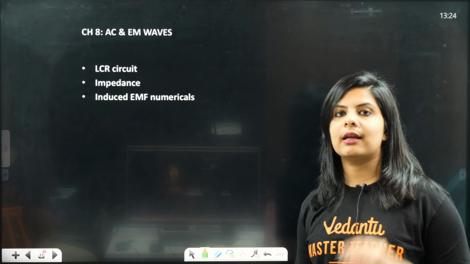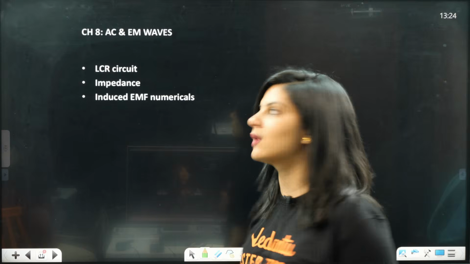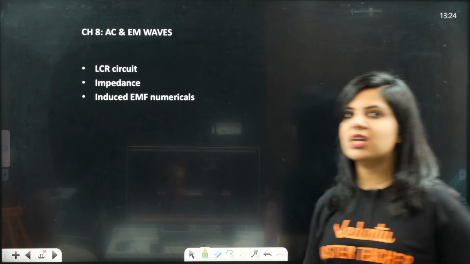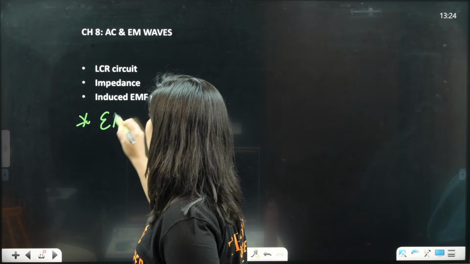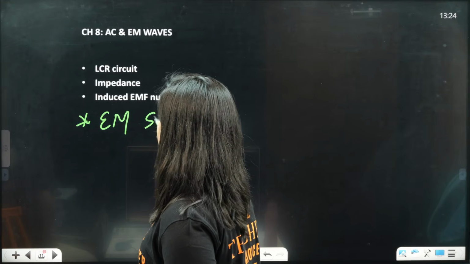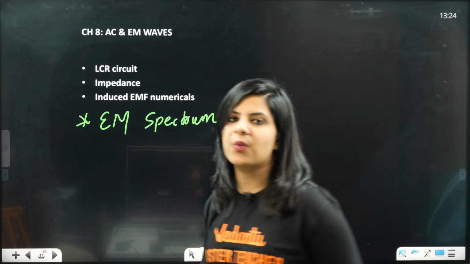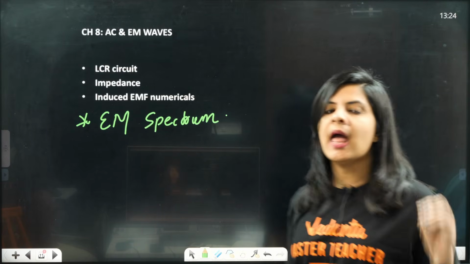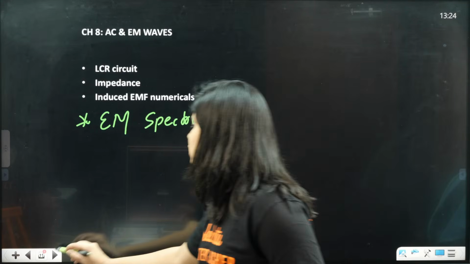In alternating current, you can expect questions from the LCR circuit, impedance based questions, as well as induced EMF based questions from electromagnetic induction. From electromagnetic waves, the electromagnetic spectrum is very important, and displacement current is also very important. At least go through it, and definitely the applications will come in the exam from this chapter.